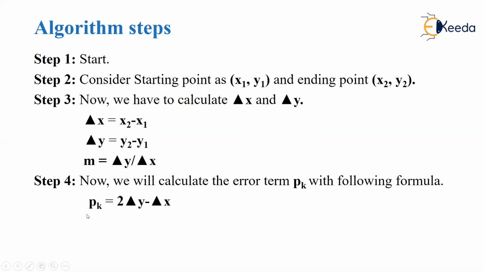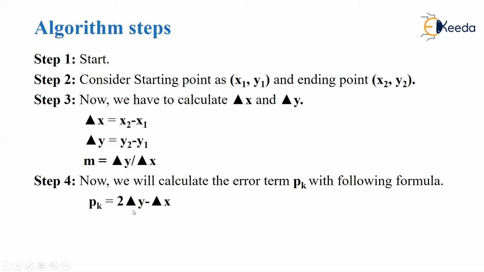Now, here we have to use the new term, the error term, so that we can get the actual true line. So we now calculate the error term, which is denoted with the letter pk, with the following formula. The formula for the error term is 2 delta y minus delta x. Delta x and delta y we have already calculated.